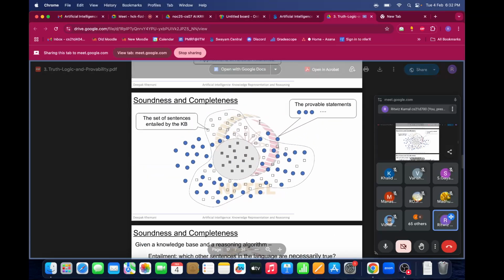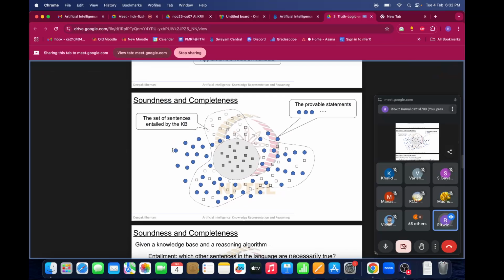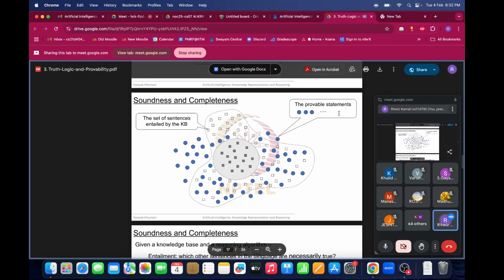So this figure basically tells us that there are some provable statements that are not necessarily true given the knowledge base, right? But there are also some sentences that are necessarily true and that can also be proven given the knowledge base. I think this is just to differentiate the set of entailed sentences from the provable sentences. Anything that is within the set of entailed sentences should also be provable.